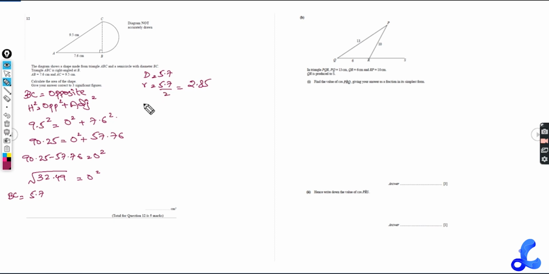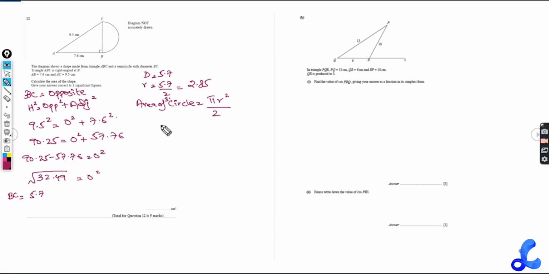So area of a circle equals pi r square. So area of a semicircle, I'll write S over here, is pi r square over 2 because it's half a circle.